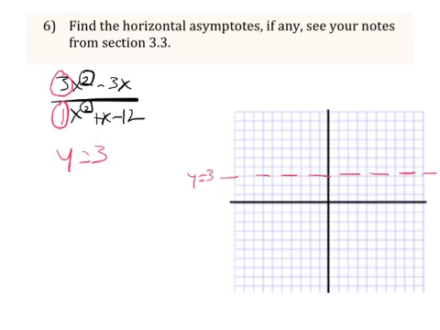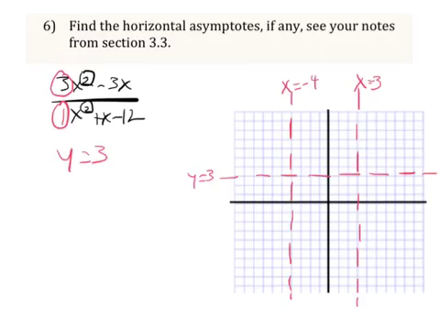Plot our other asymptotes. We got x is negative 4 and 3. x equals 3. Okay. So then we go to our calculator.